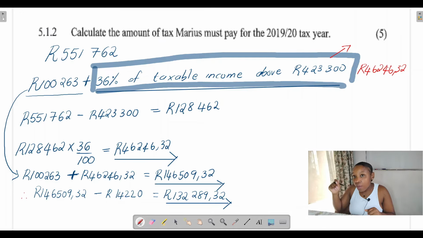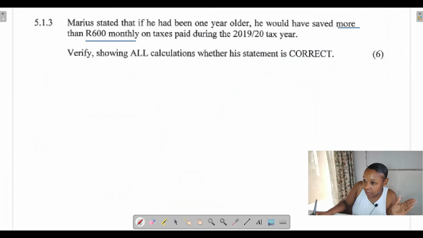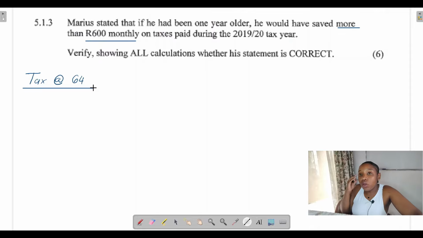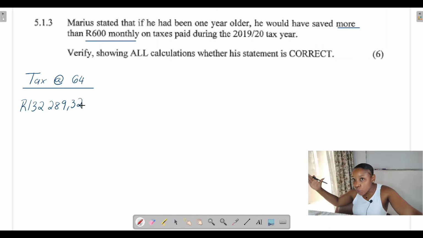That is how much he currently pays. Okay, so I'm going to write that down. The amount of tax that he pays when he's 64 years old is 132,289.32, and that is his annual payment. But we want to compare with monthly amounts, we don't want to compare with annual ones.